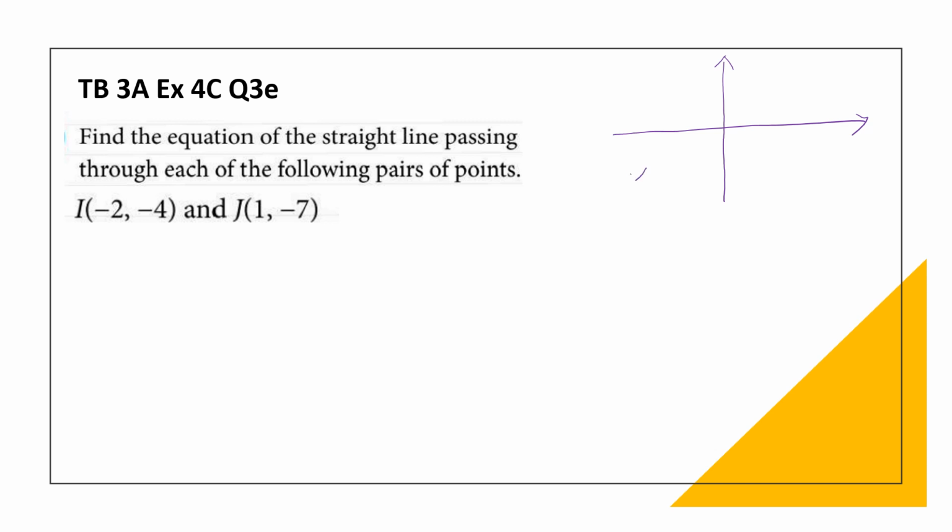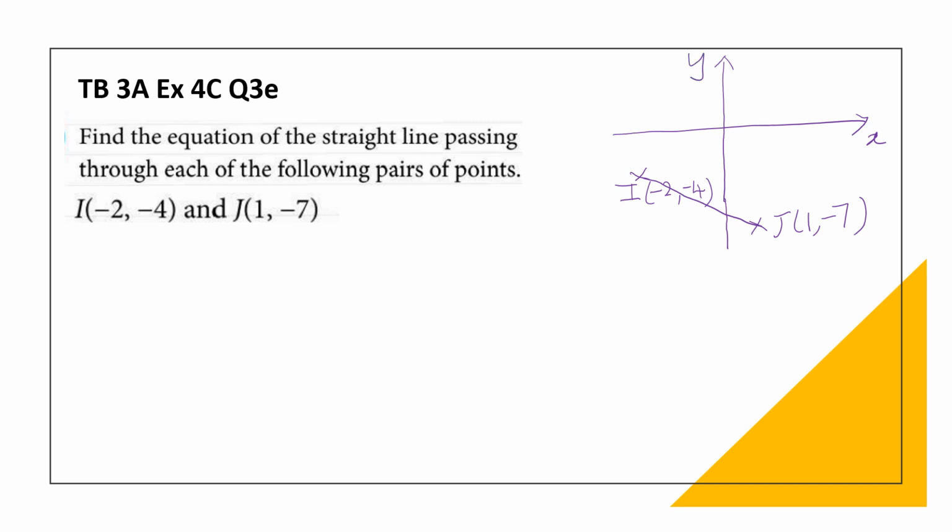Let this point be I, which is (-2, -4). Point J will be further down, it has to be lower than point I. So this will be my point J, which is (1, -7). And we can join these 2 points using a line segment, and we are asked to find the equation of that line segment.